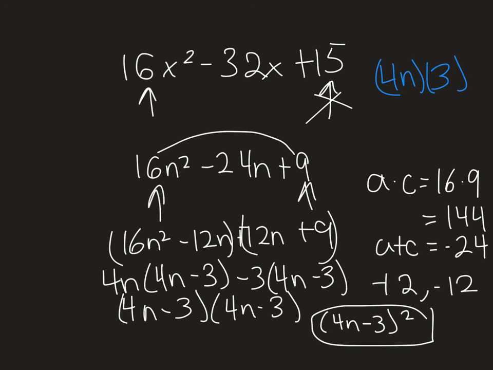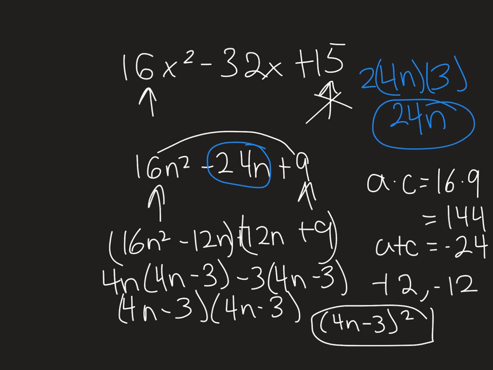And if we take twice that, 2 times 4n is 8n, and 8n times 3 is 24n, then if these middle terms match, we know that this is a perfect square trinomial.